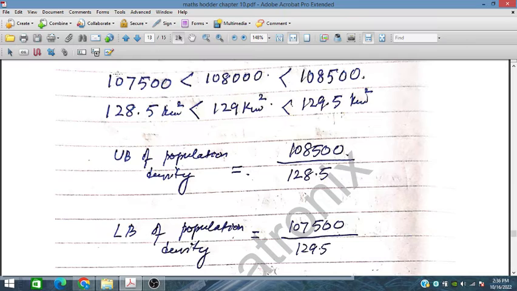So few people are living in a larger area, and the population density would be lower. This is the higher population density, and this is the lower population density.